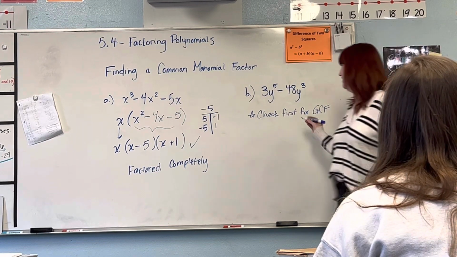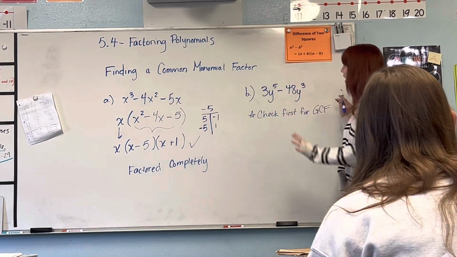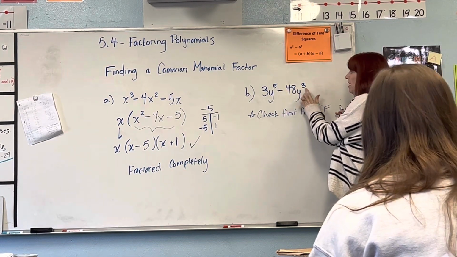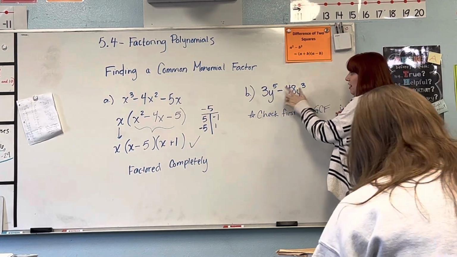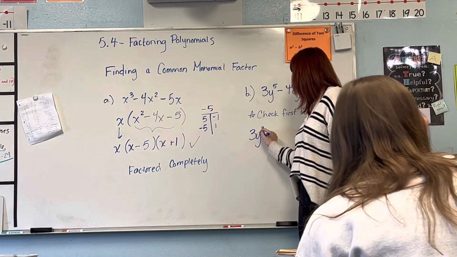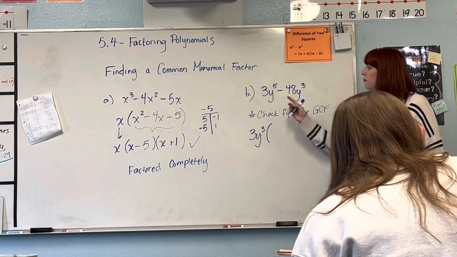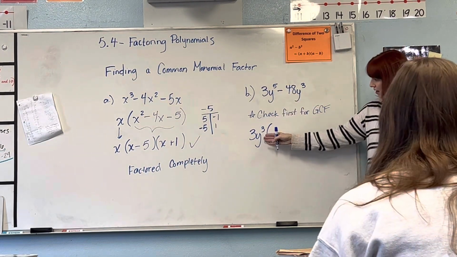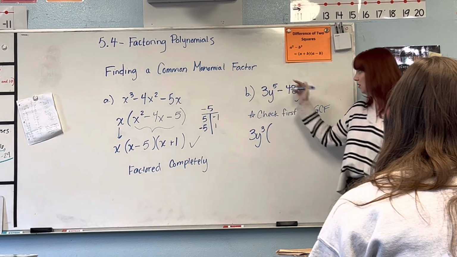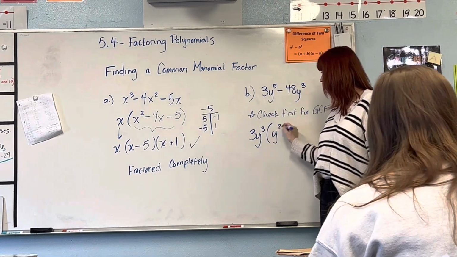Yeah, good job. So the highest power of y that you can take out of both of these would be y to the third, because you can take y to the third out of this and this. So 3y to the third. And remember, when you're dividing variables, you subtract the exponents, so we're left with y to the second, right?